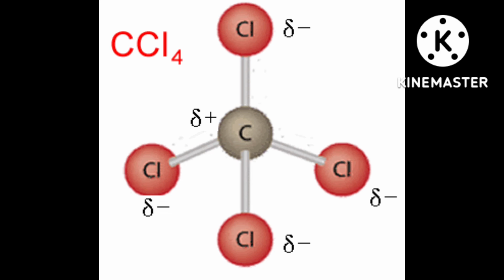First condition is that the smaller the size of the cation and the larger the size of the anion, then they will have partial covalent character. The smaller the size of the cation and the larger the size of the anion, the greater the covalent character of an ionic bond.